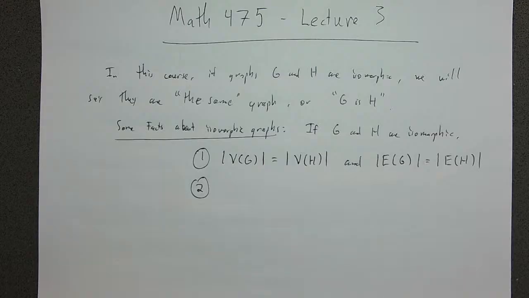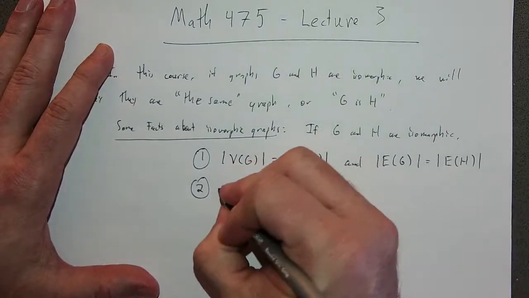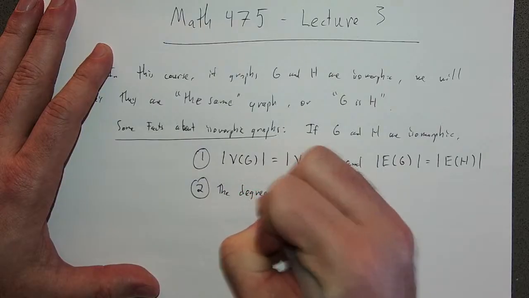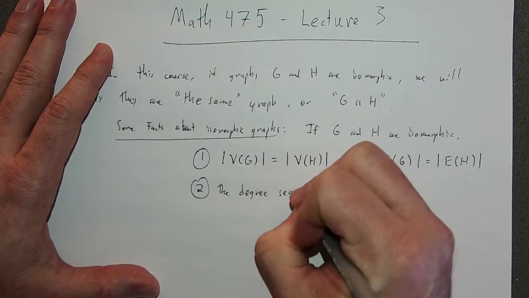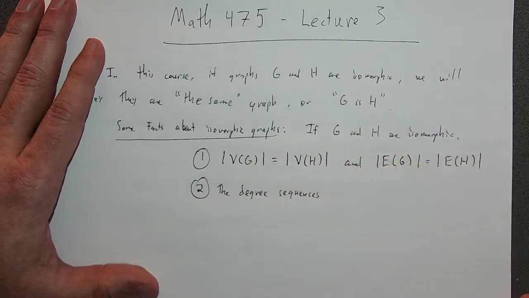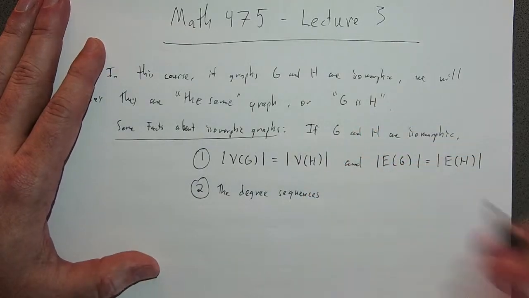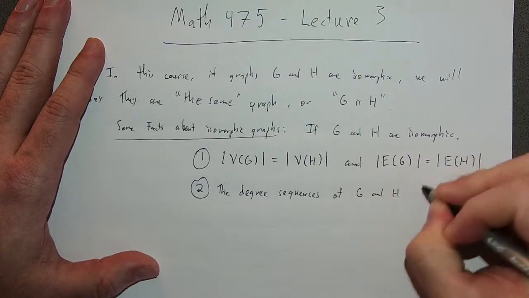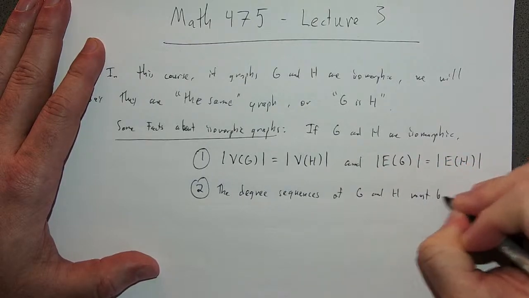Well, the degree sequences have to be the same. So if I choose, say, descending order for the degree sequences of G and H, those must be the same.